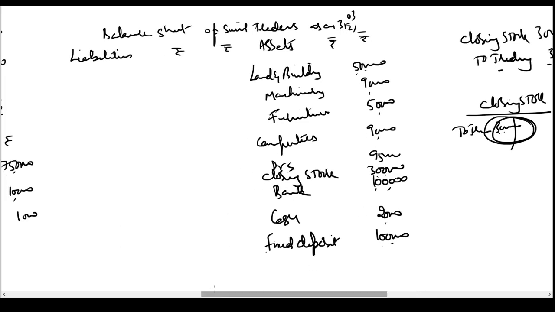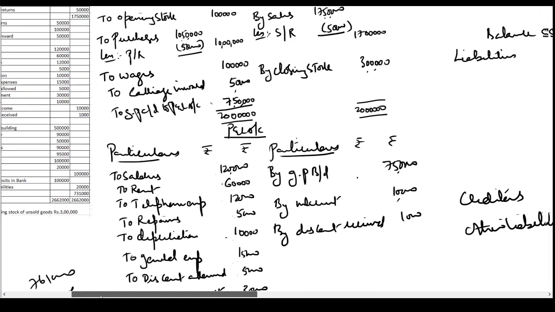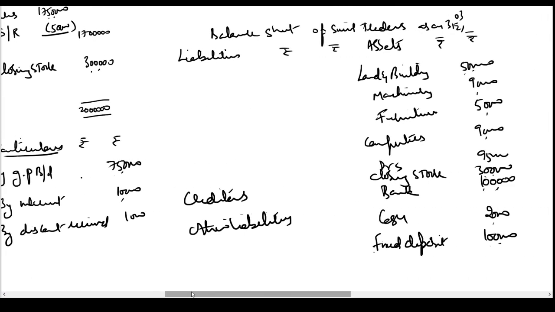Then we had creditors for the business and other liabilities. So let us see what are the creditors and other liabilities balances. Creditors was rupees 1 lakh, other liabilities 20,000, and capital of 7,31,000.